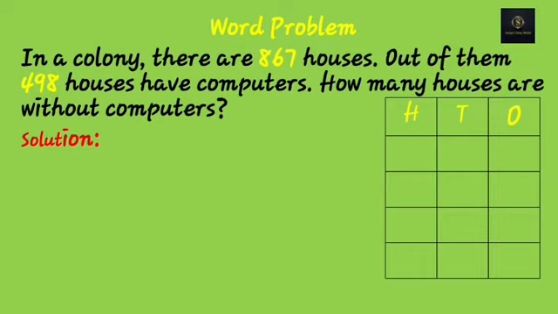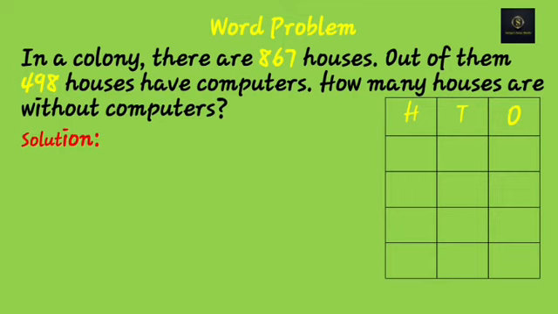Now, what will be our first statement? So, which is the greater number? Let us see. 867 or 498. Which is the greater? Yes, 867. But what is 867? Number of houses in a colony.